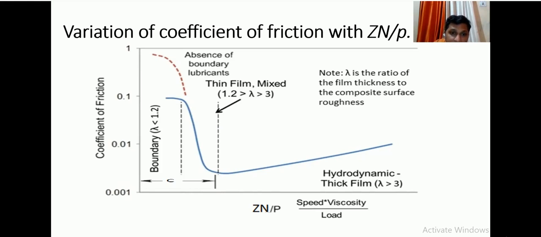As the speed increases, or you can say this bearing characteristic number increases, the friction starts reducing, and it reduces up to a certain point. At the point at which the friction value is minimum, the corresponding value of bearing characteristic number is known as bearing modulus.